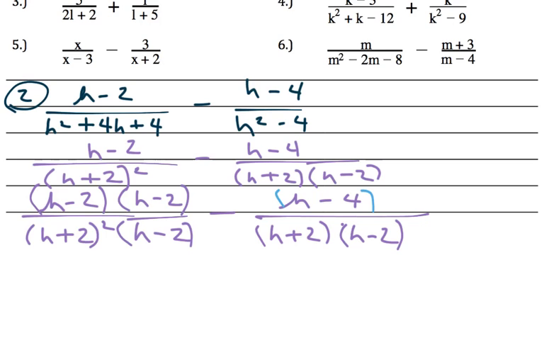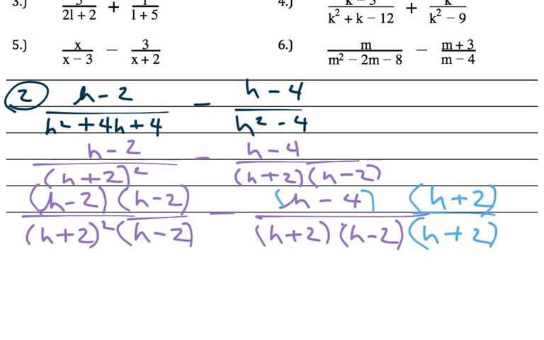But instead of writing an exponent here, I want to make it clear to anybody that looks at this later on that I'm really multiplying it by h plus 2 over h plus 2, so that there's no confusion there. If you leave parentheses out, it is inaccurate, because if I didn't have these parentheses here, this would distribute incorrectly.